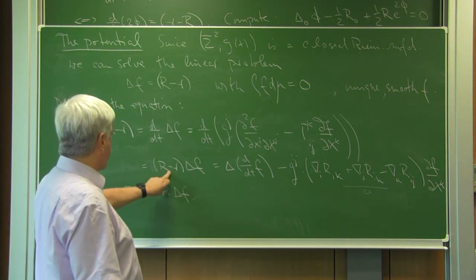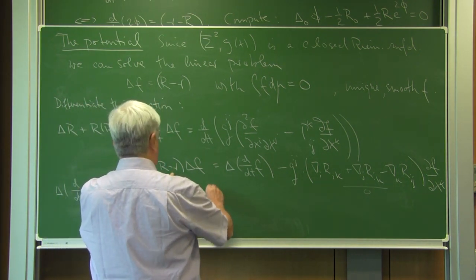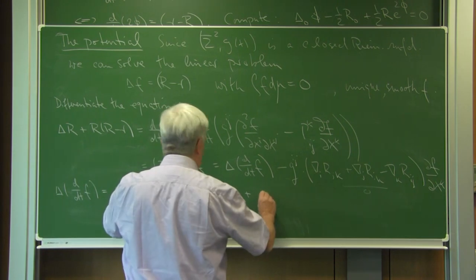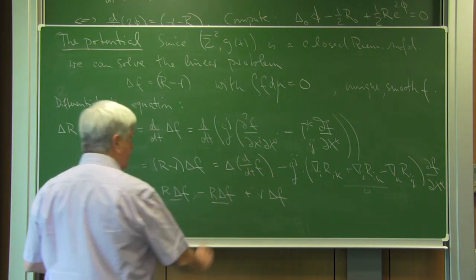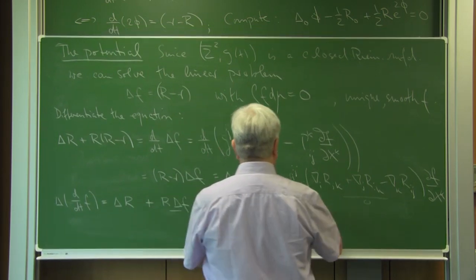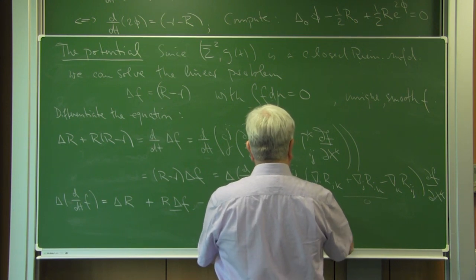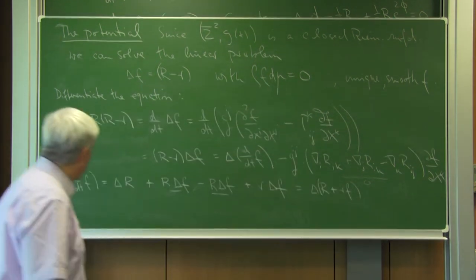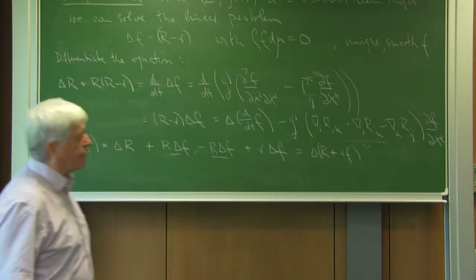But then from this side I get a minus R times Laplace f, and then I get from here a plus little r times Laplace f. So these two terms cancel, and the whole thing ends up as Laplacian of R plus r times f. But now we have a Laplacian of this is equal to the Laplacian of something else.